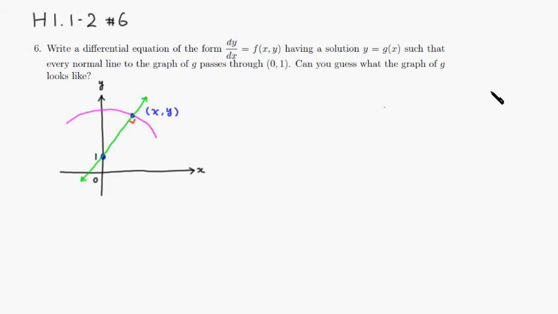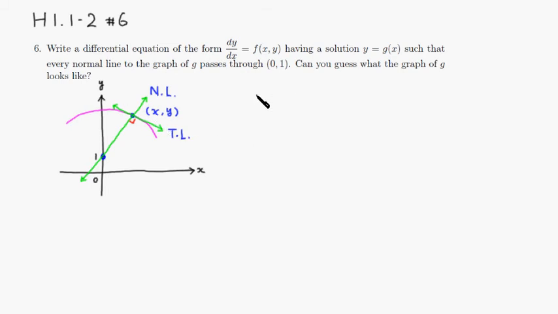We can think of it as perpendicular to the tangent line. So the tangent line looks like this. I'm going to label these. So this is the tangent line, and this is the normal line. Then we can look at dy over dx as the slope of the tangent line.